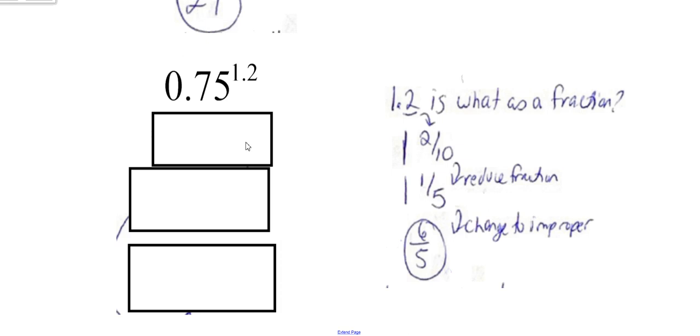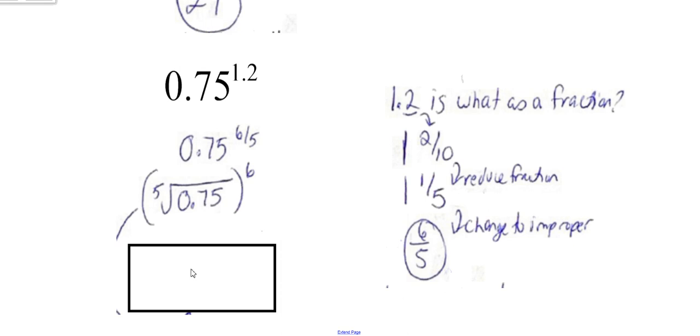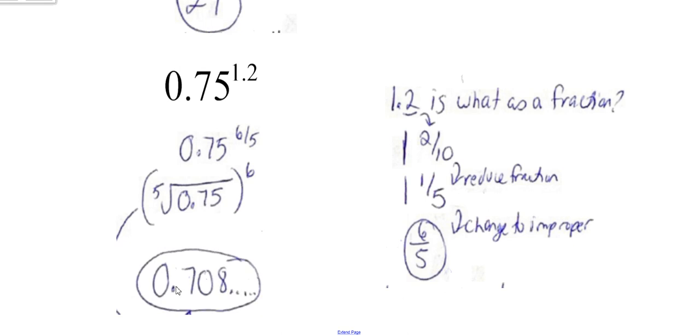So now I have 0.75 to the 6 over 5, which means I'm going to take the 5th root of 0.75, and then I'm going to put that to the power of 6. When I do that, I get 0.708. So 5th root in your calculator of 0.75, hit the equals button, y to the x, 6, hit the equals button, and you should get this number here.